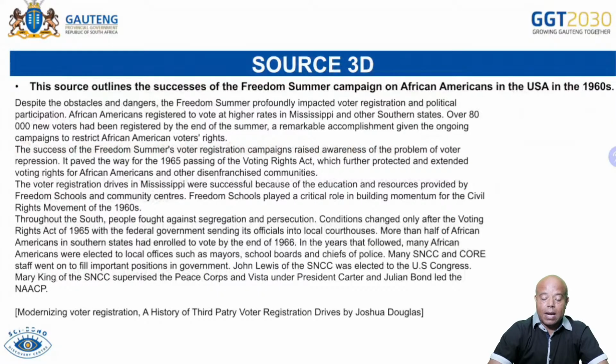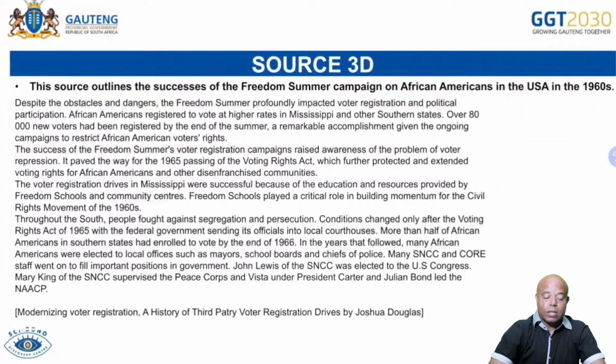Conditions changed only after the Voting Rights Act of 1965, with the federal government sending its officials into local courthouses. More than half of African Americans in southern states had enrolled to vote by the end of 1966. In the years that followed, many African Americans were elected to local offices such as mayors, school boards, and chiefs of police.